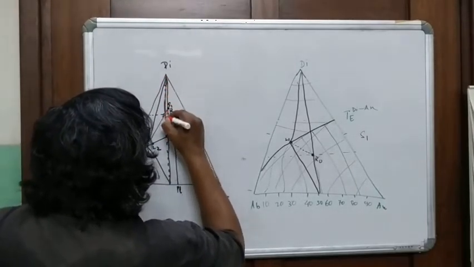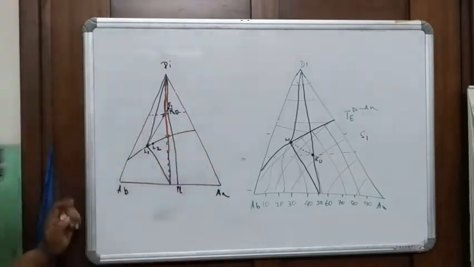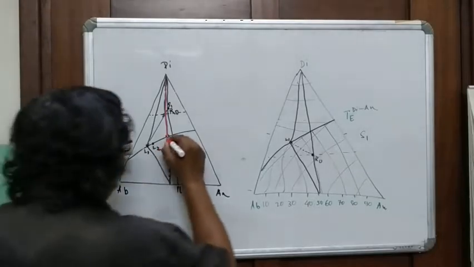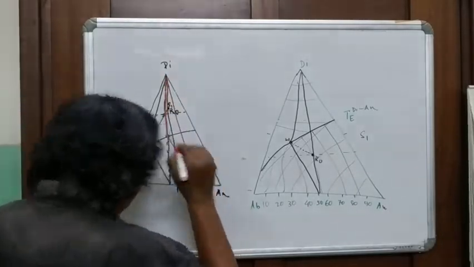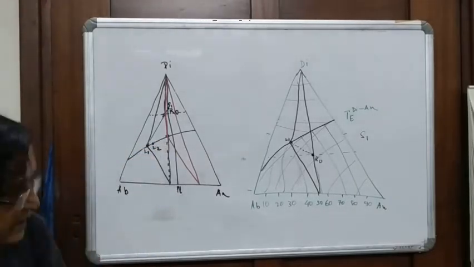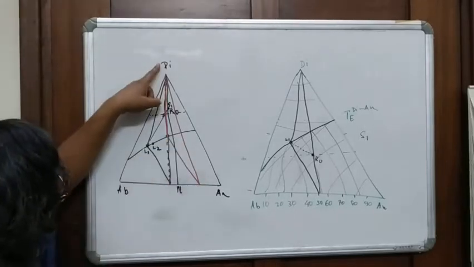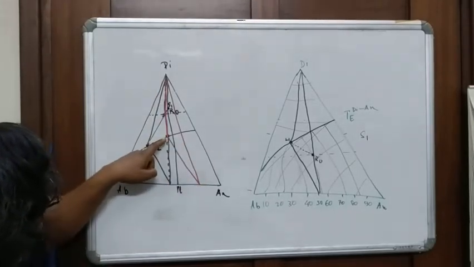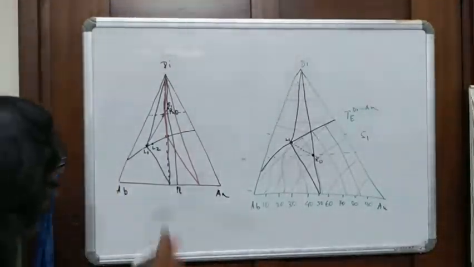It will lie on the base of it, for which there will be a plagioclase of this composition. This will be the last composition where plagioclase of this composition, diopside pure, and melt will be in equilibrium.